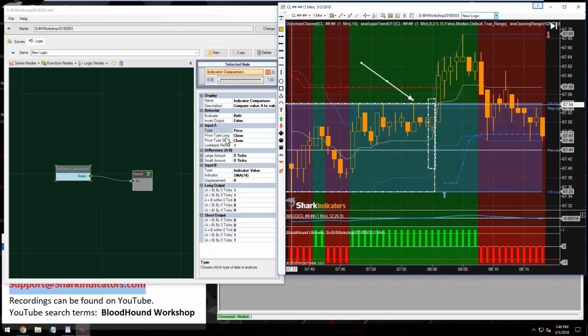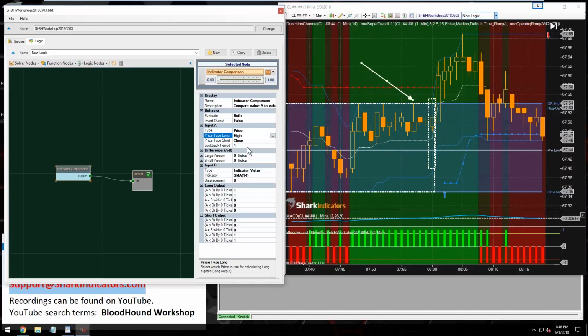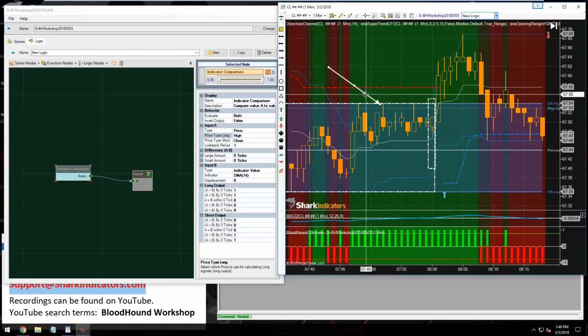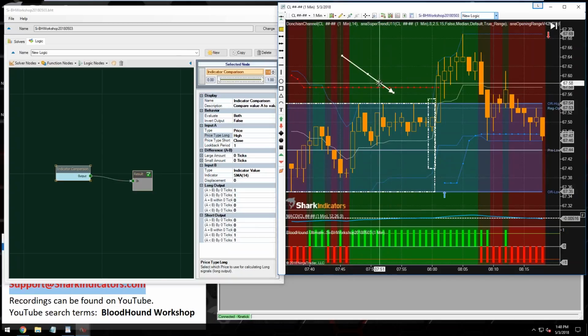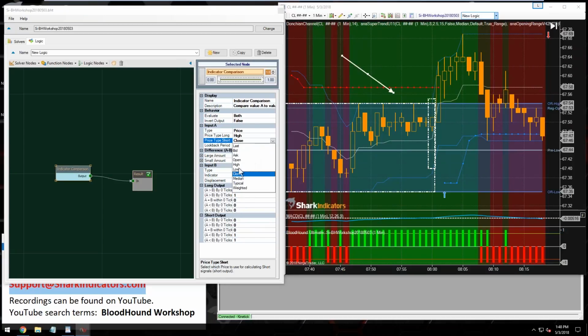So for a long, we're going to use the high price of the bar. When the high wick gets close to the upper range, that tells us there's probably going to be a long breakout. If the low wick gets close to the low range, that's a heads up that there's a good chance of a short breakout. So we'll use the low price of the bar for a short signal.